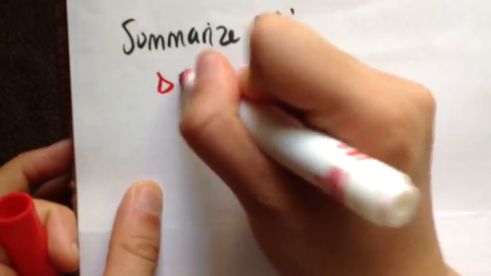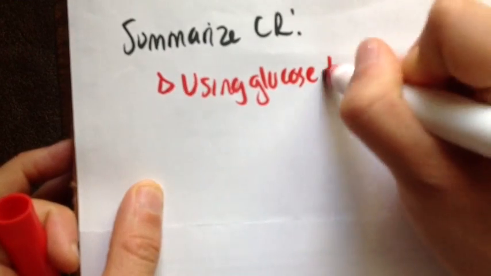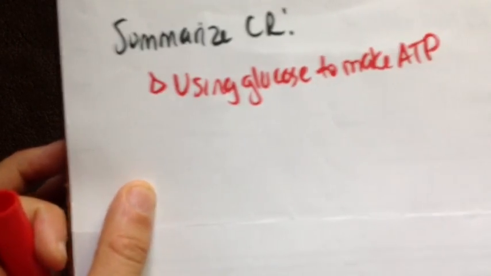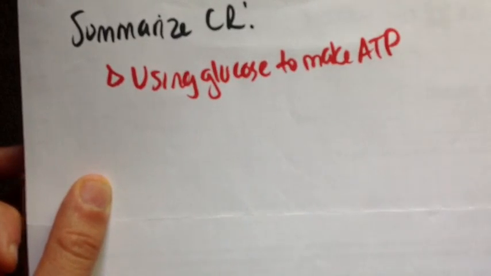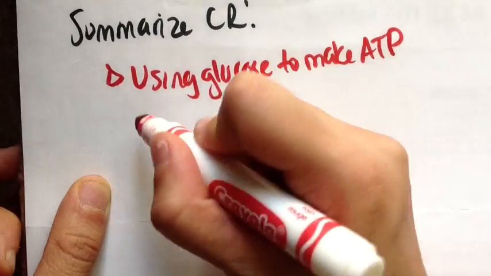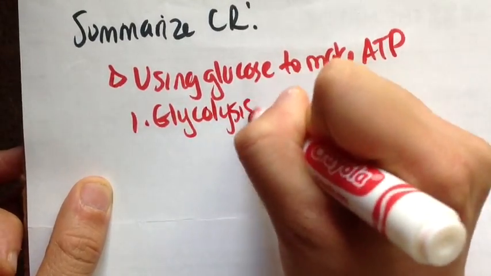So cellular respiration, what were the big ideas? We are using glucose to make ATP, and there are, again, 3 steps to doing that. The first one, glycolysis, we're breaking sugar.